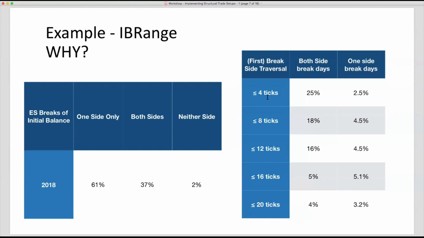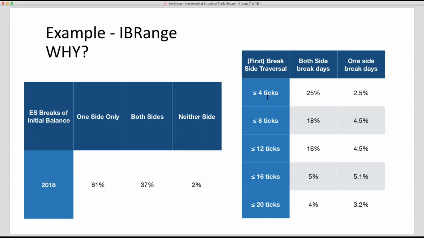This is all based on Central Time. So it's ES 8:30 Central to 9:30 Central is the initial balance. I always look at my charts and the contracts based upon the exchange time of the exchange's location where the contract's traded. So for me, ES opens at 8:30 Central.